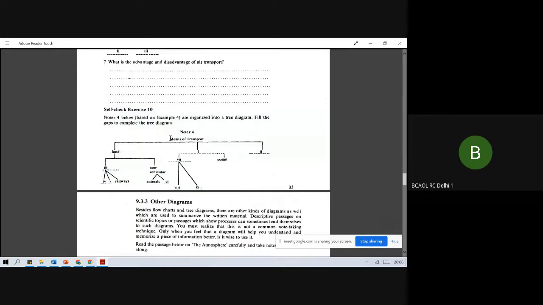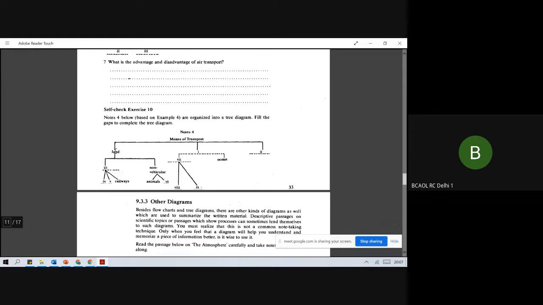It's a tree diagram. First you understand the extract. That passage was about means of transport. In that passage it mentions 3 types of transport: land transport, water transport, and air transport.